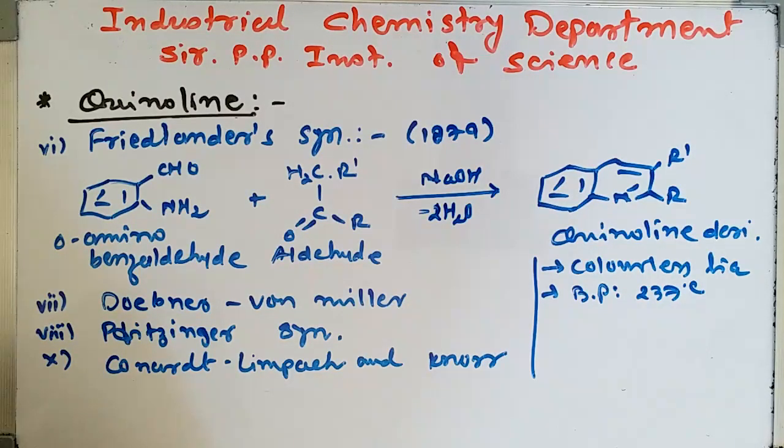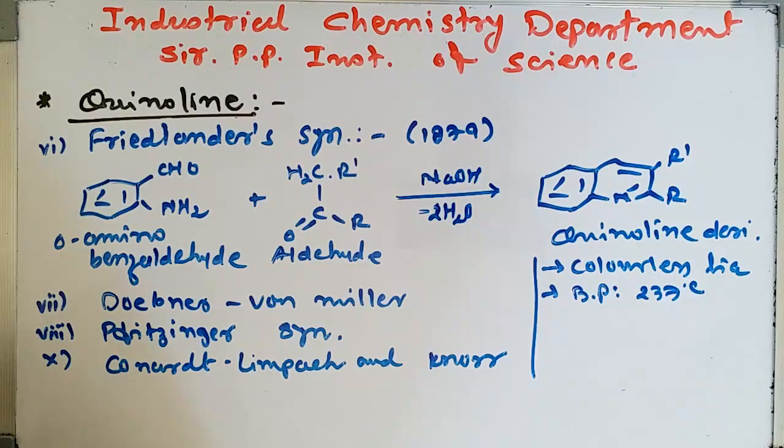Moreover, the basic character of the compound makes it useful during various chemical reactions where two reactants are combined by the removal of a hydrogen atom from one reactant and a halogen atom from the other. So these are the very important basic properties of quinoline.